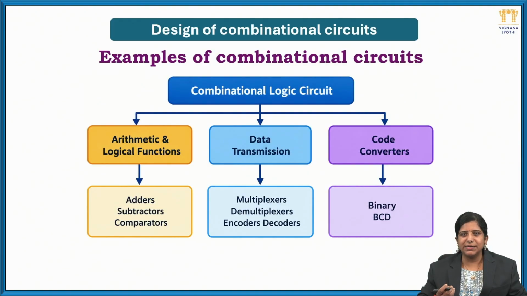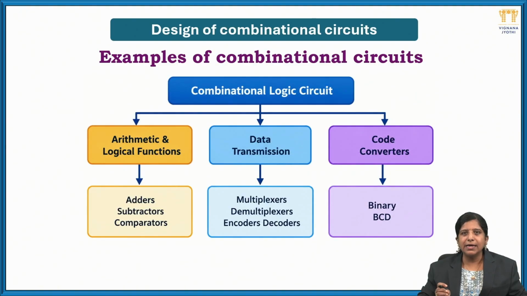Then the other type of combinational circuits is classified as data transmission circuits, and the examples are multiplexers, encoders, demultiplexers, decoders. All these examples come under the data transmission operation. And the other application of combinational logic circuits is code converters.